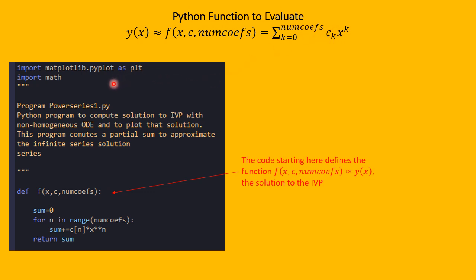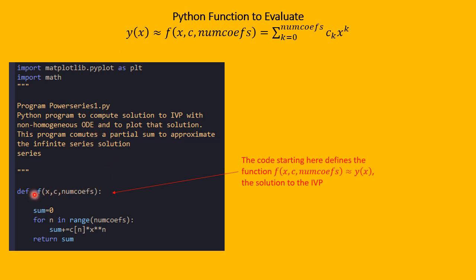Over here is a function that will do this for us. It's very similar to one that we saw in a previous lecture. We just have a comment here telling us that this function will compute a partial sum approximating y of x.